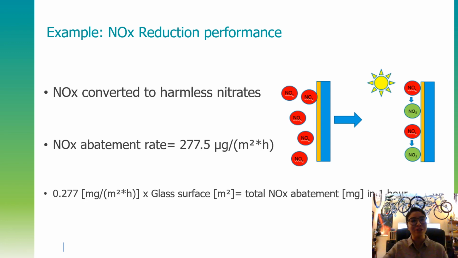I try not to bring math into my presentations very often, but it happens sometimes. If you know approximately how much NOx you have in your space and what your glass surface is, you can say, okay, if we have a glass surface of this area, multiply it by your abatement rate, and you'll know how much NOx you're reducing within an hour. Multiply it by however many hours, and that's how much you'll reduce within a work day or within the entire day or within the lifetime of the glass.